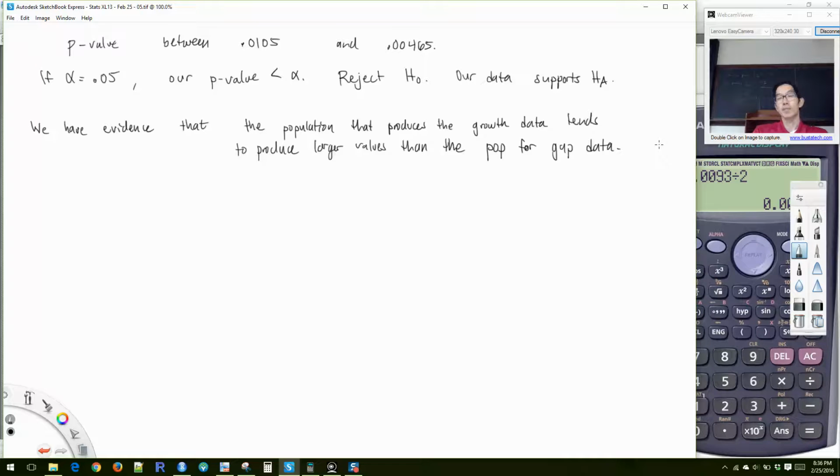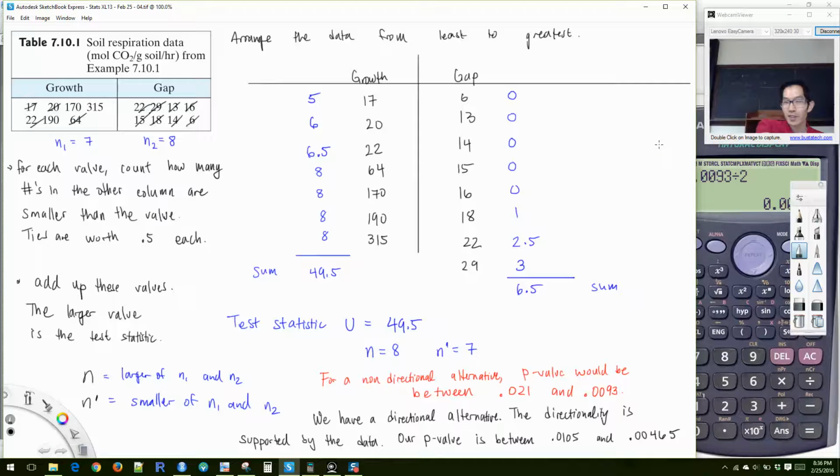Let's see. So I don't know if you care where these numbers in your Wilcoxon Mann-Whitney test table come from. They come from, if you look at all of these values here, let's say we produced a total of 15 values, and if the null hypothesis were true, meaning that all of the values are coming basically from the same population, then essentially what ends up in the growth column and what ends up in the other column is a product of random chance.